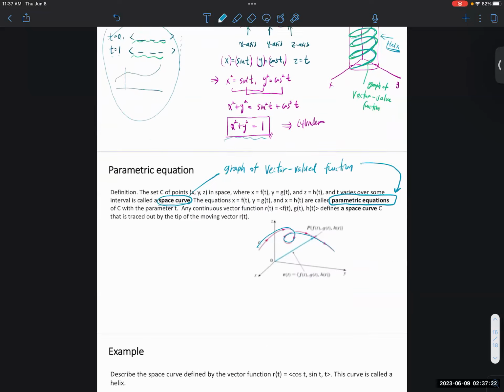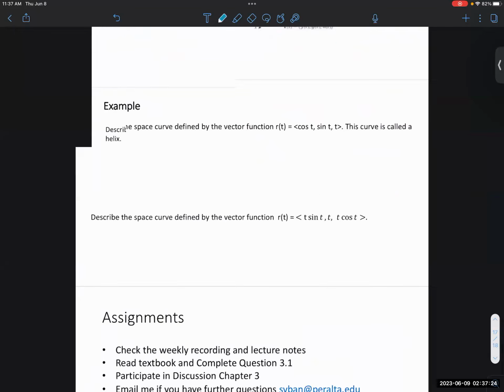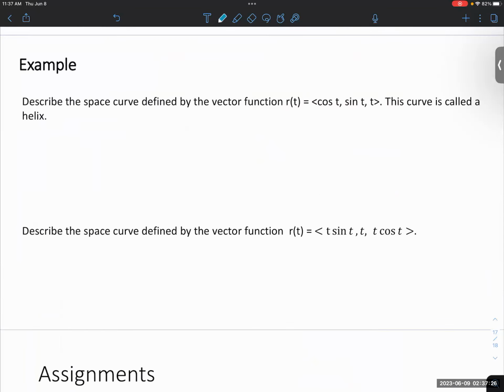So let me just do the same concept we just talked about. This is the same question, so you can think about it. So we have a vector value function. So you can set it up. This is x, y, z, right? We just did it. And then x squared, same thing, cosine squared t. Y squared is sine squared t. So x squared plus y squared is cosine squared t plus sine squared t.